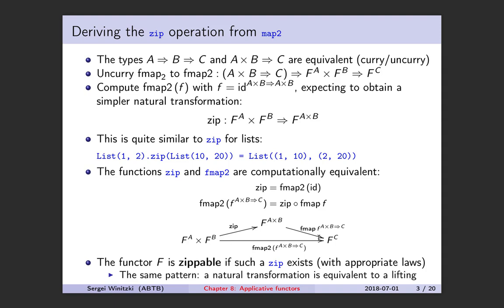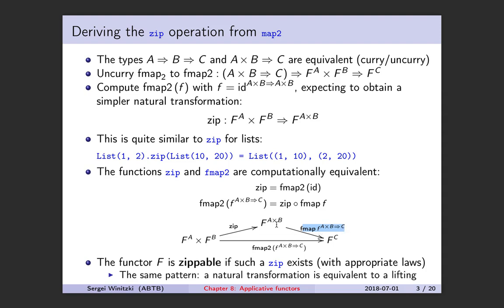So this diagram at once expresses the equivalence of the two equations here, because you can take this function to be identity, and when you do that, these two become identical, because Fmap of identity is identity by the functor law.